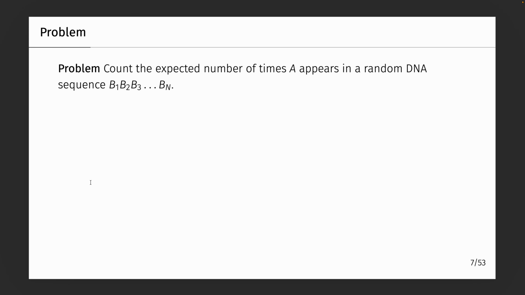So the chance of observing a particular base at a particular position is independent, and this is simply given by the overall frequency of A. Right? By law of total probability, we know that PA plus PC plus PT plus PG is equal to 1.